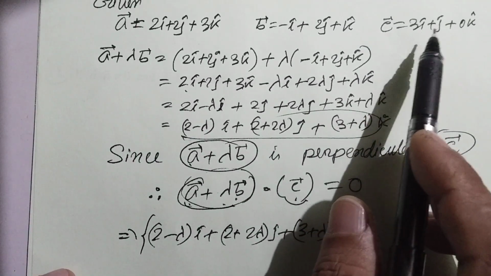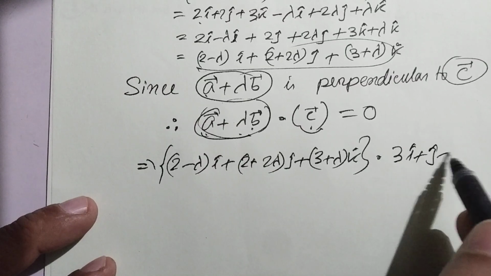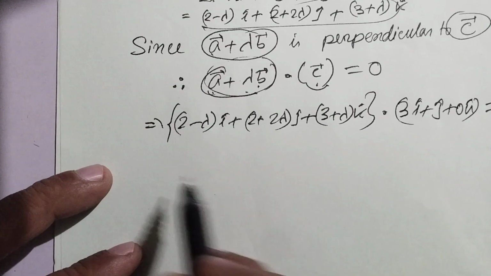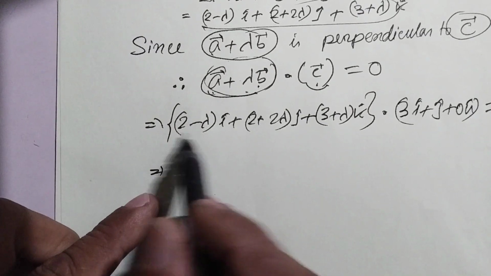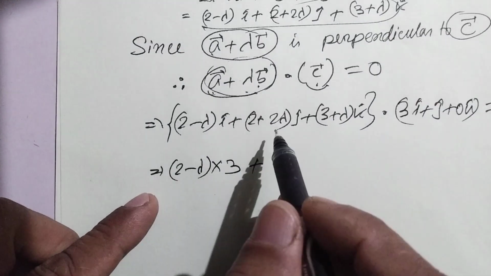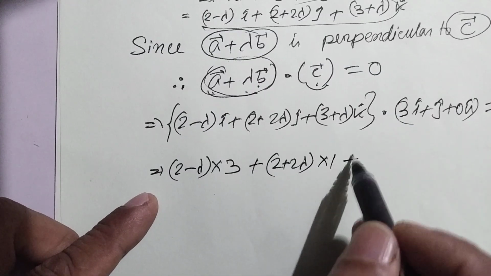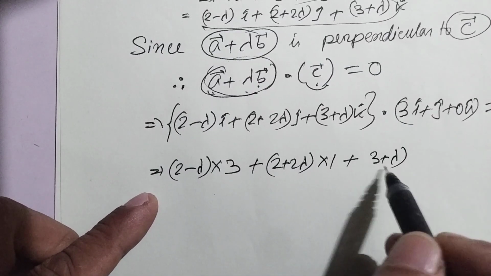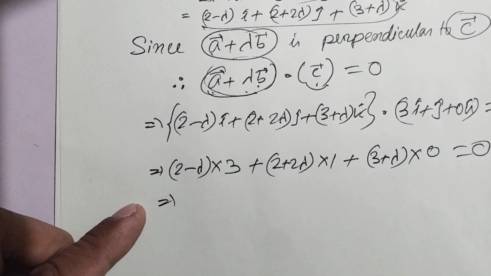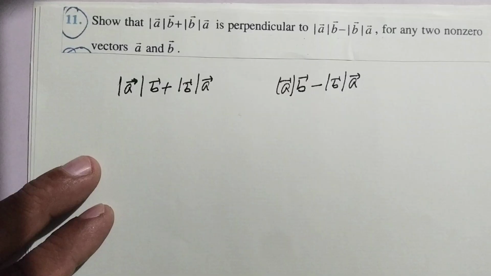It is 3i plus j plus 0k, and right hand side is 0. Now dot product, how do we find? Dot product is found: coefficient of i, (2 minus lambda), into coefficient of i which is 3, plus coefficient of j into coefficient of j is 1, coefficient of k into coefficient of k is 0, equal to 0. Now we can simplify and we can get the value of lambda. The question is to find lambda, so we can find it.